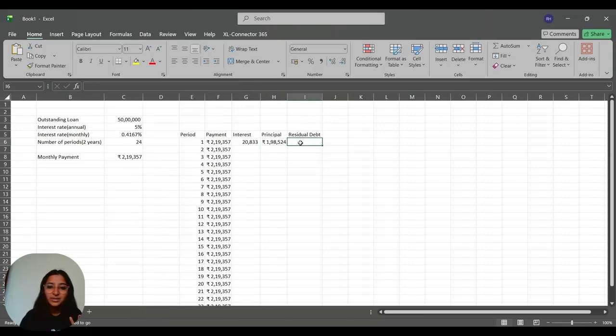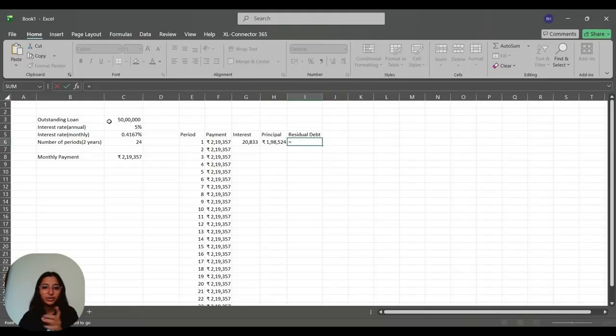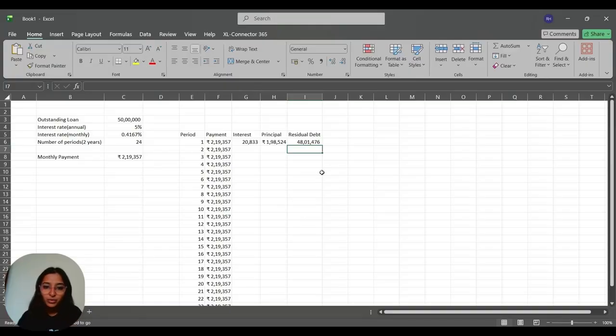Now, what is the debt remaining? What is the total outstanding loan for the first month? It will be 50 lakhs minus the actual principal you're paying, which is 1,98,524. So it comes to 48 lakh 1,004.76 rupees.